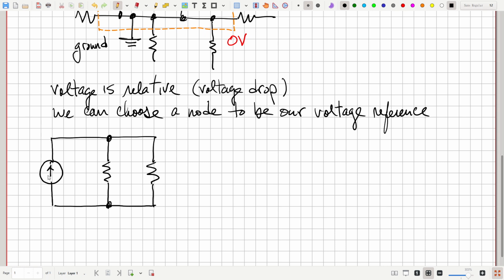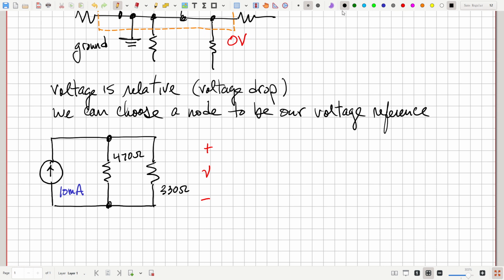And let's say this source is 10 milliamps, and our resistors are 470 ohms and 330 ohms. And we want to find the voltage drop here across those parallel resistors, equivalent to the voltage drop across the current source.